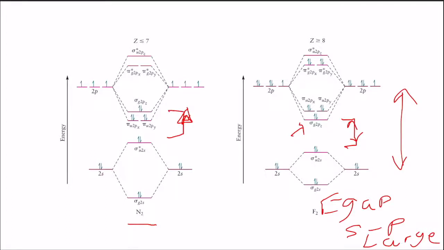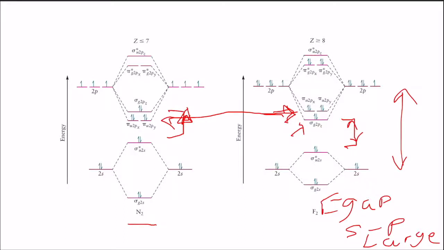and again, in case you're wondering, why the pi u 2px and pi u 2py don't move? That one should be at the same exact energy as this one. That one doesn't move because it's perpendicular to the axis, and so any kind of interaction will cancel because of the change in phase of the p wave functions.